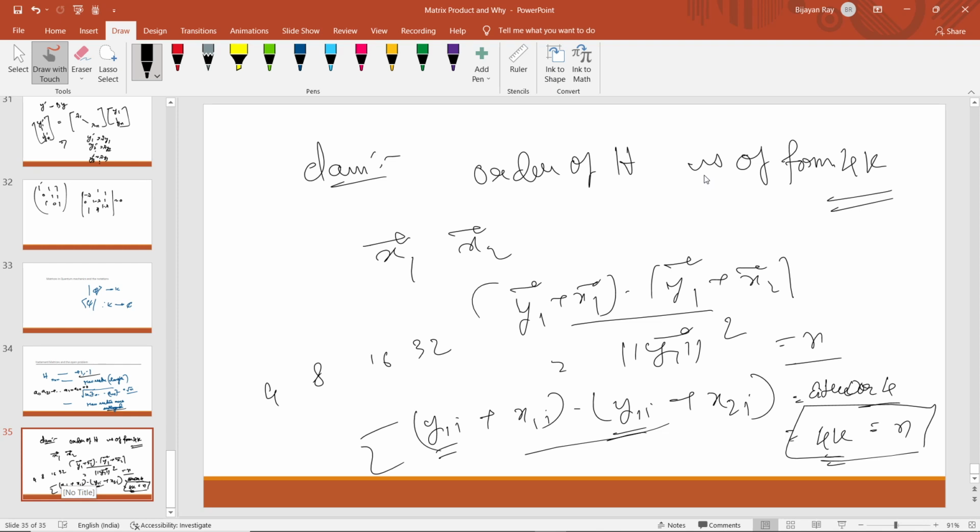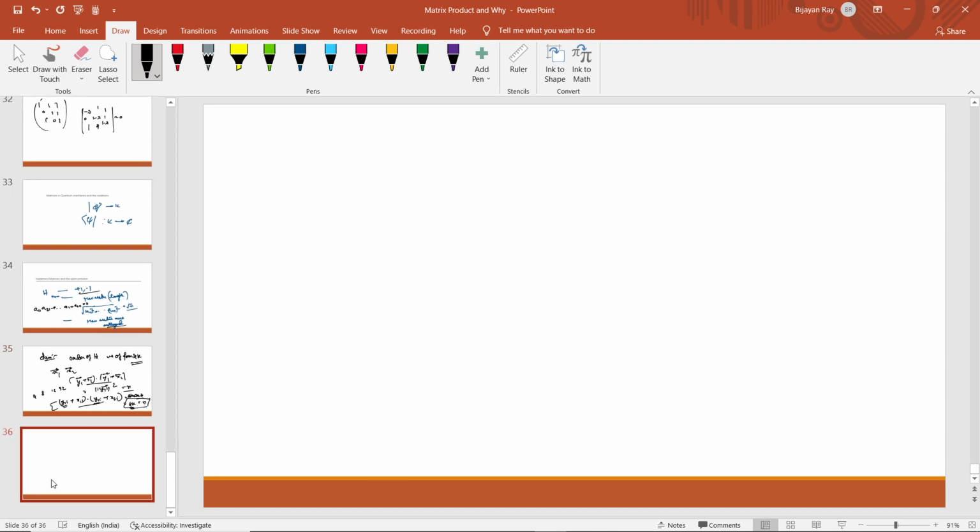Are there some cool properties of Hadamard matrices? Actually, Hadamard matrices are used in the optimal coding methods of space communication.